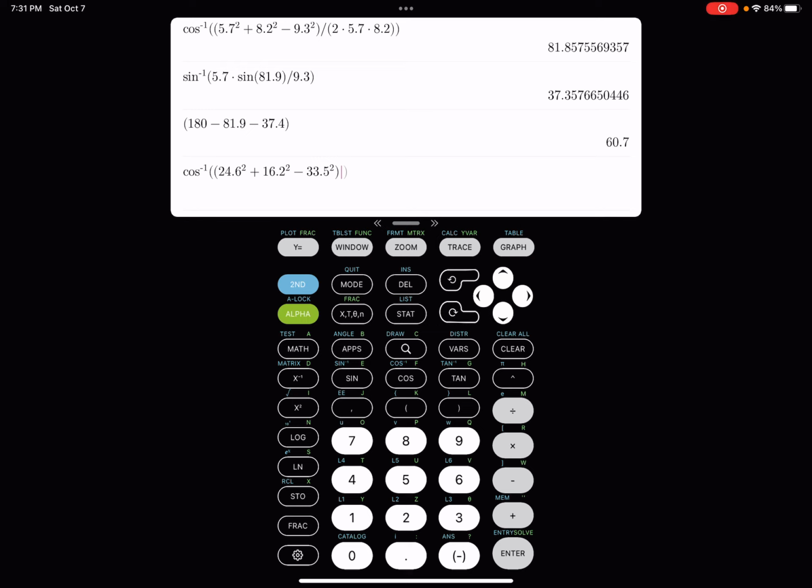Close the parentheses. This is the top, all divided by the bottom. The bottom also has a complex expression: 2 times 24.6, and then multiply by 16.2, close the parentheses.